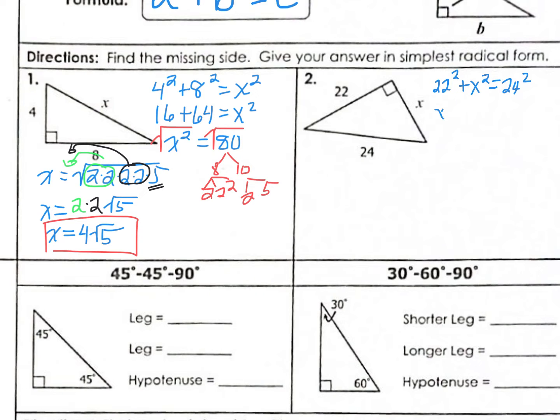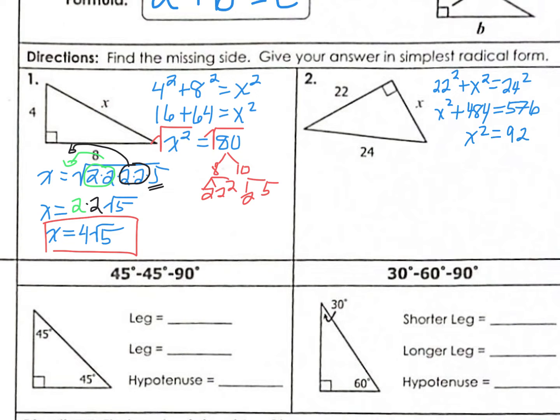So I'm going to actually put the x squared first, plus the 22 squared, 484, equals, and then 24 squared is 576. Then I'm going to subtract the 484 from both sides. So 576 minus the 484 is 92.